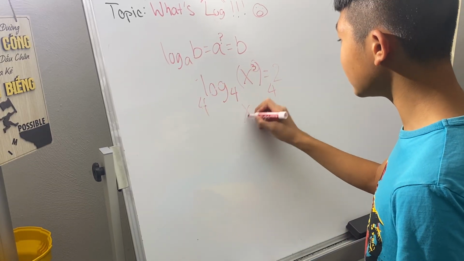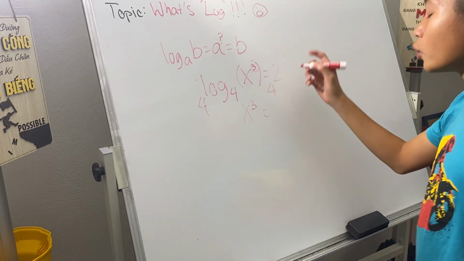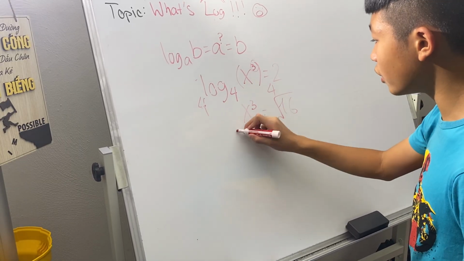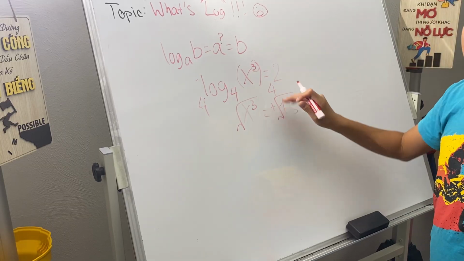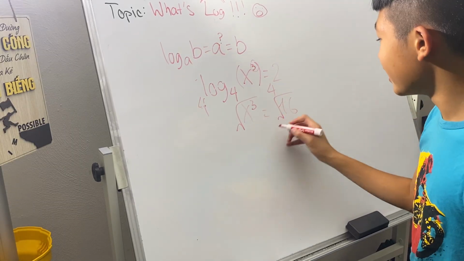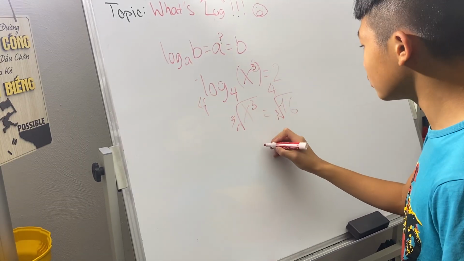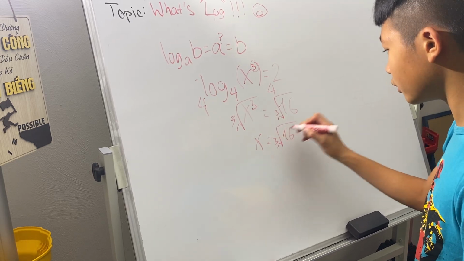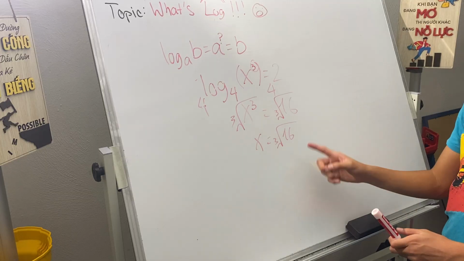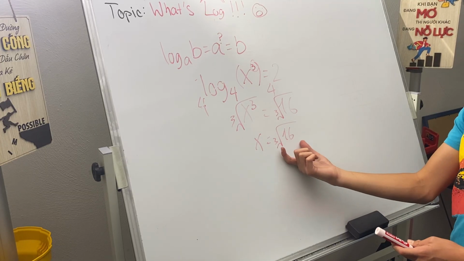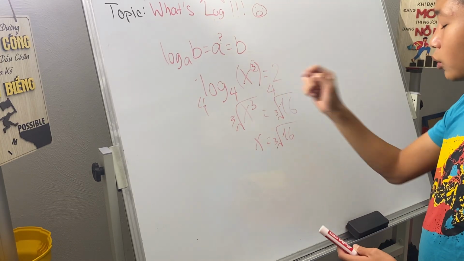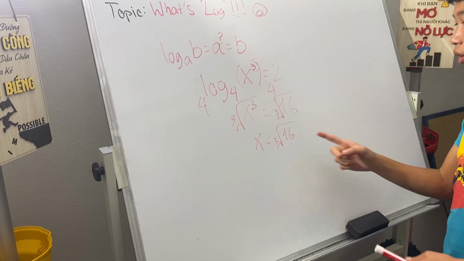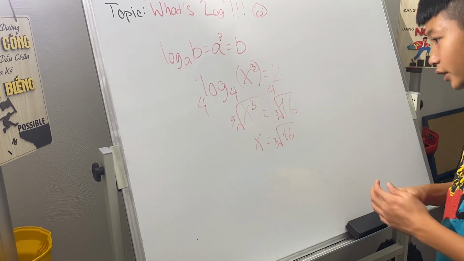So basically, you get x cubed equals 4 squared, which is 16, and x is the cube root of 16. The cube root of 16 is some decimal, but yeah. Let's just say the cube root of 16. That's it. You plug this in, cube root cancels, 4 to the 2nd power right here, 16. Yeah.